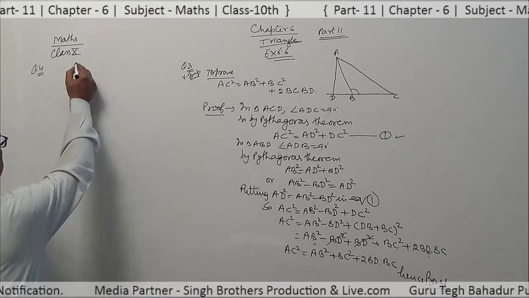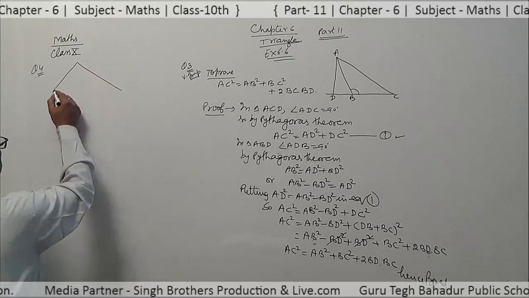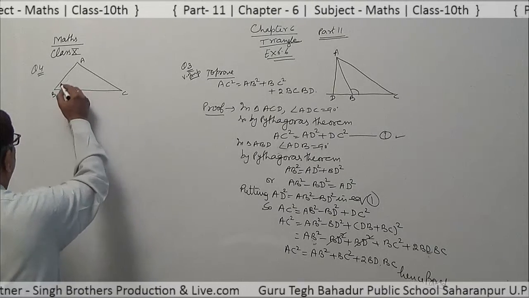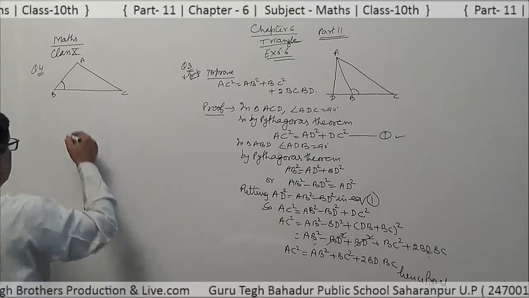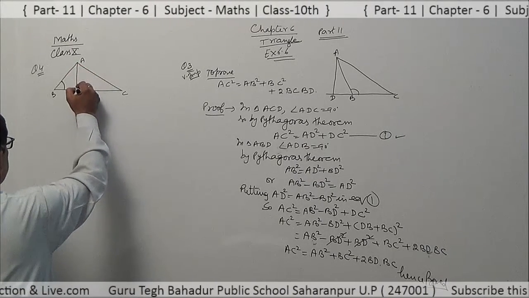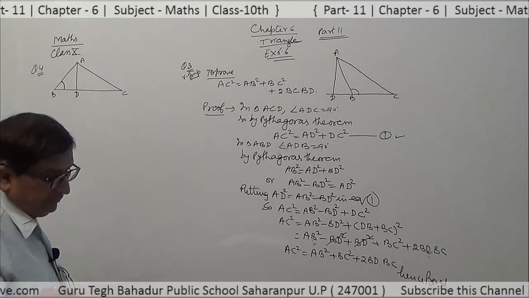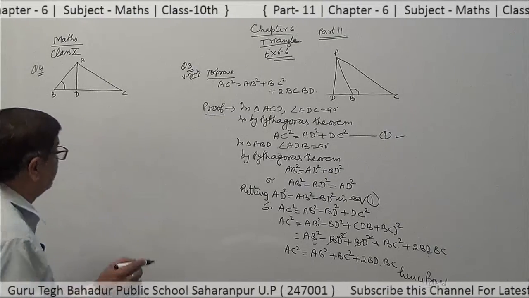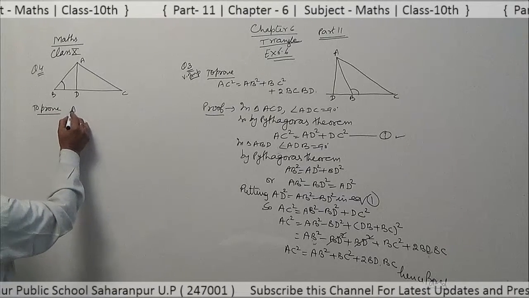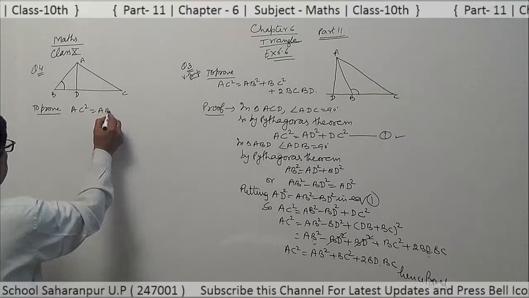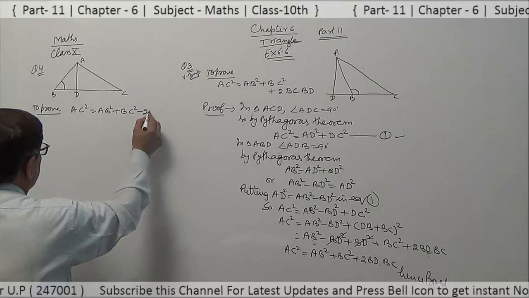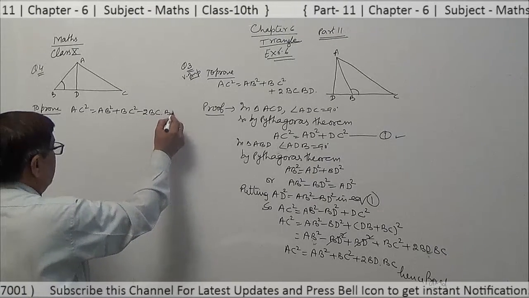Given that in triangle ABC, angle B is less than 90 degrees, AD is perpendicular to BC, to prove that AC square is equal to AB square plus BC square minus 2 BC into BD.